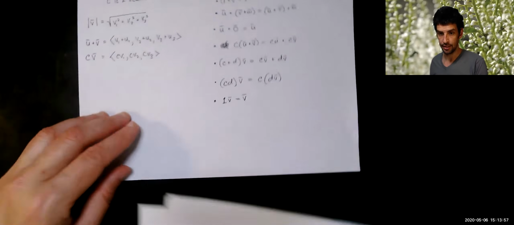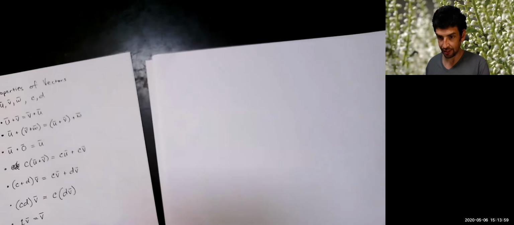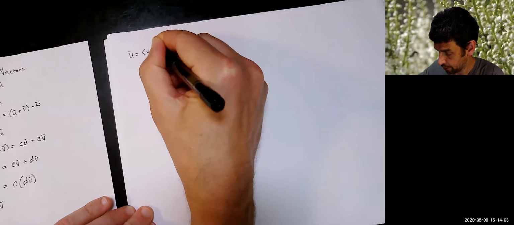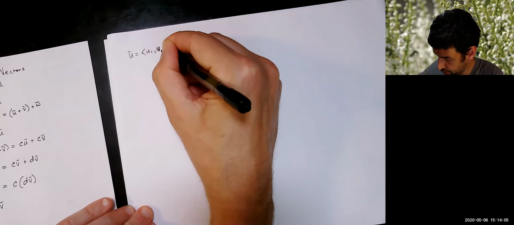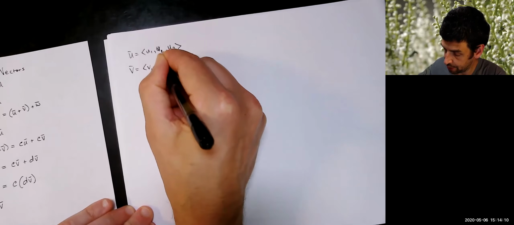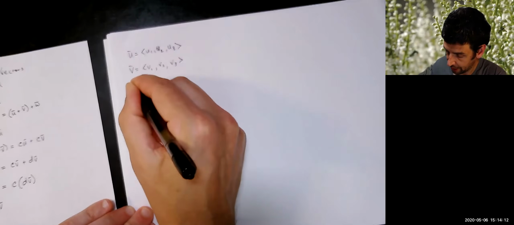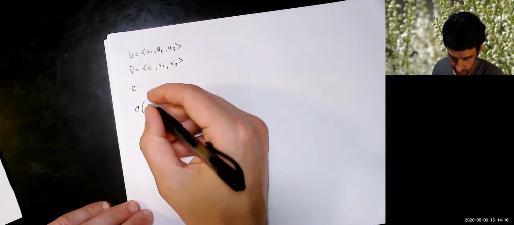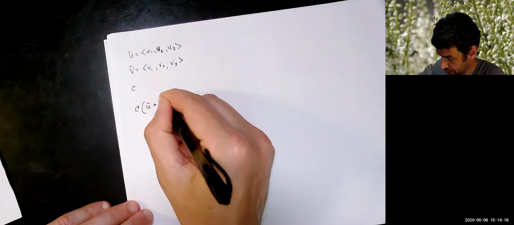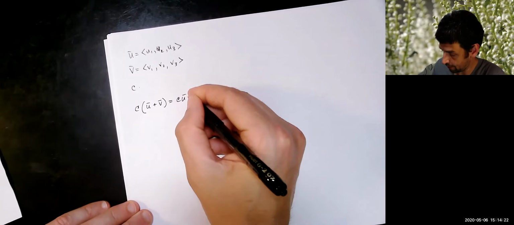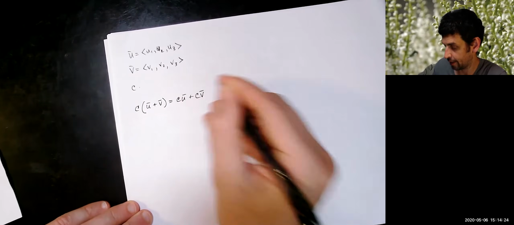So let's say I have u and v as I've named them already. u is equal to u1, u2, u3. v is equal to v1, v2, v3, and then I have a scalar c. What I want to show is that if I multiply c by u plus v, I get the same thing as multiplying c by u and adding it to c times v.